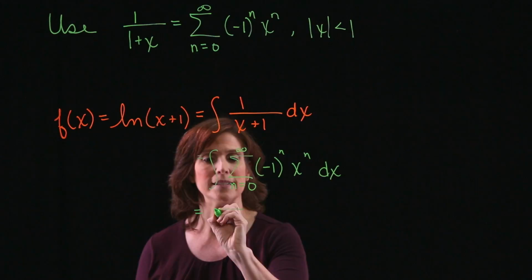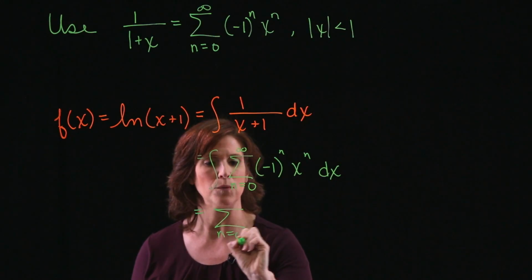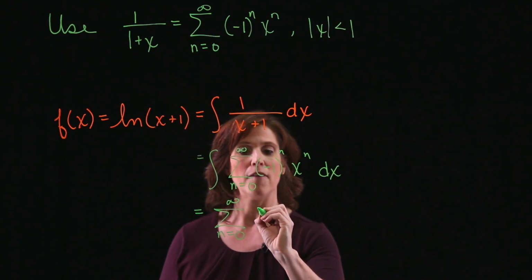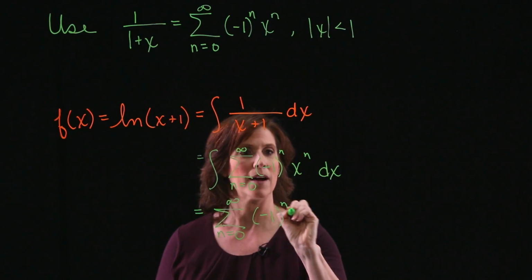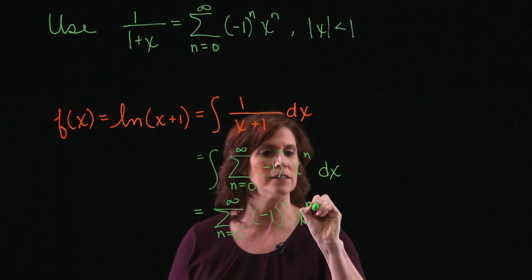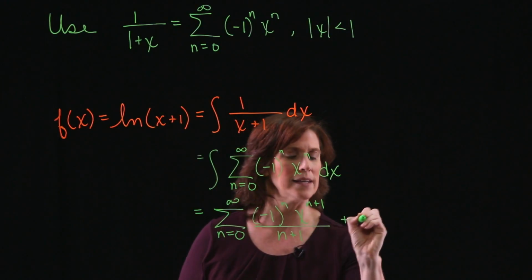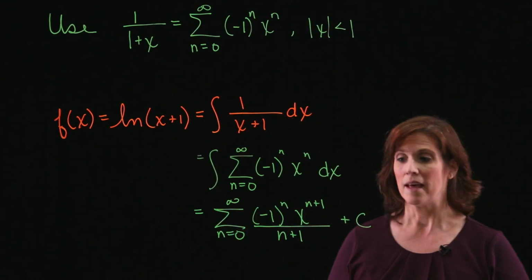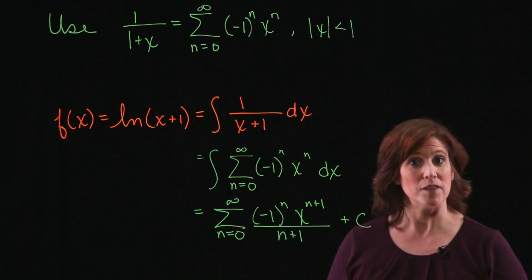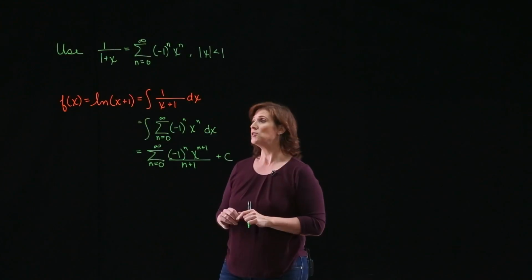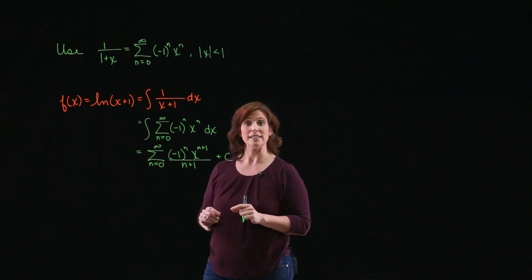What I end up with is a series from n equals 0 to infinity of minus 1 to the n, x to the n plus 1 all over n plus 1, plus my constant of integration. Now I'd like to find out what the constant of integration is, so I want to see where my power series is centered.